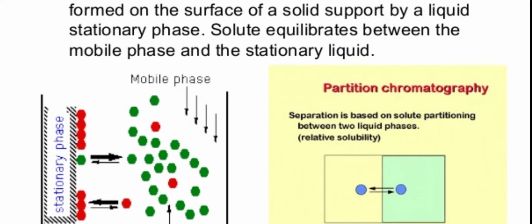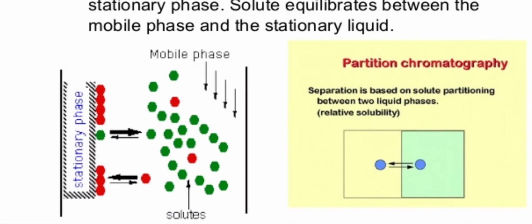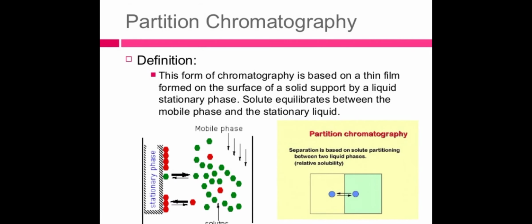So one component will dissolve in the mobile phase and another will dissolve into the stationary phase, which is also a liquid with a solid support. So this is the basic difference between adsorption chromatography and partition chromatography.